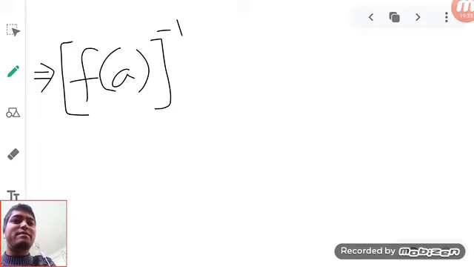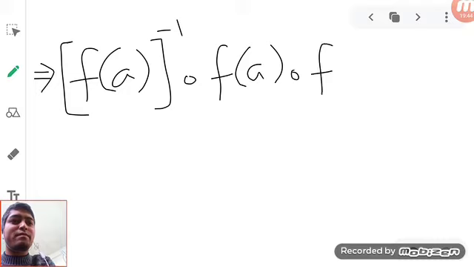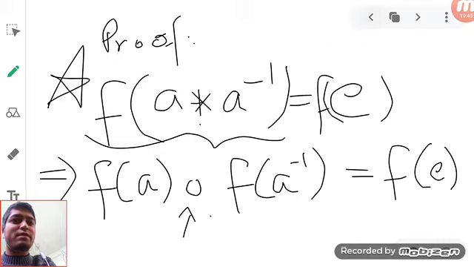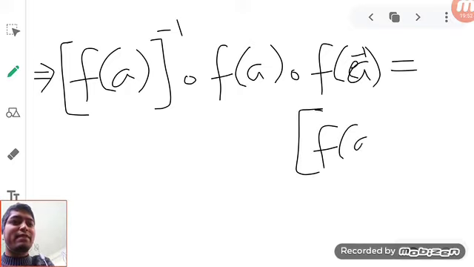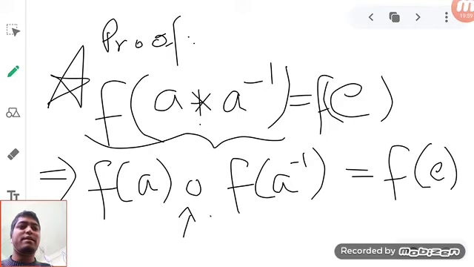So you will have this. Again, it is in the group, Fa inverse. Fa inverse will be equal to, multiplying both sides by the inverse, you will have this Fe.